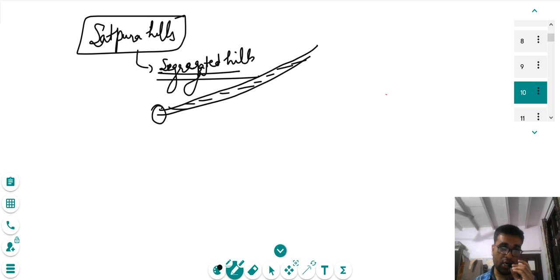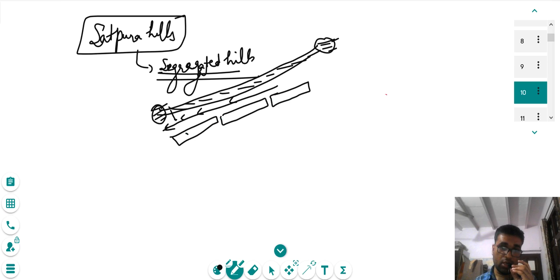Starting from the Narmada Tapi Delta, they stretch up to Bihar, right? South of Vindhyan, you have the Tapi River, and south of Tapi River, you have the individual hills, like this. And here you have the Baghelkhand Plateau, right?